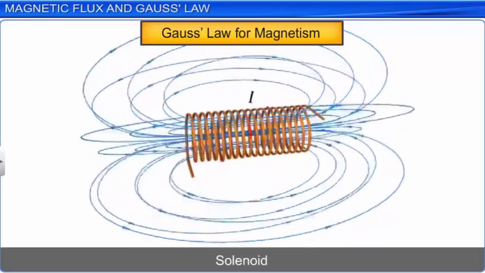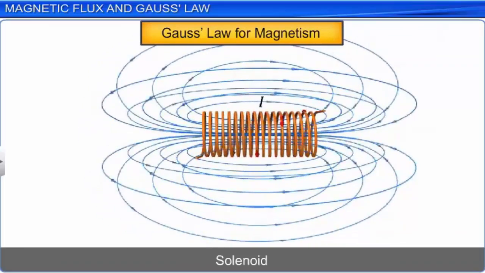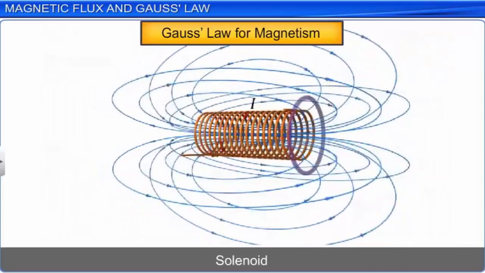Here, the magnetic field lines come out from one face of the solenoid and enter into its other face. Let's consider a closed surface around one face of the solenoid. Then, the number of magnetic field lines going out of the closed surface is equal to the number of magnetic field lines coming into the closed surface. Thus, the net magnetic flux enclosed by the closed surface is equal to 0.